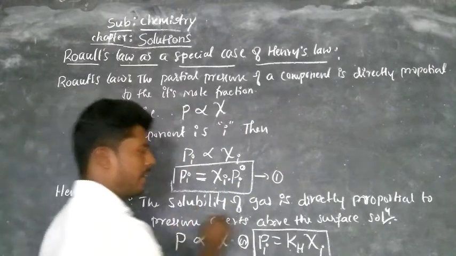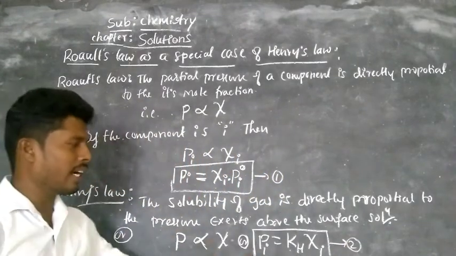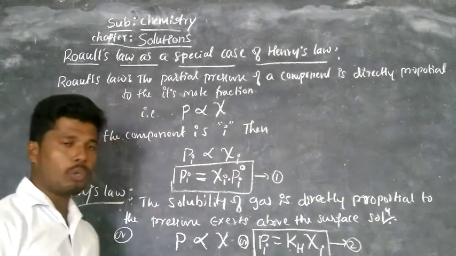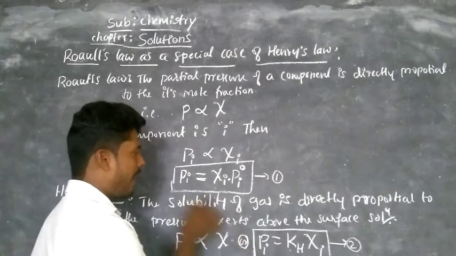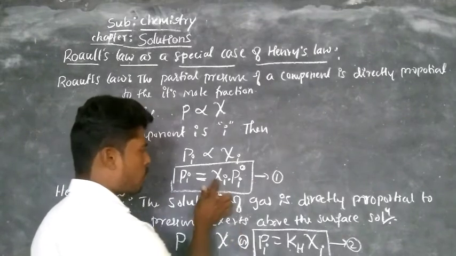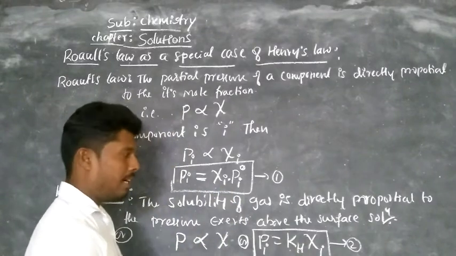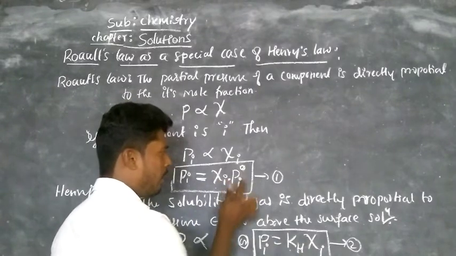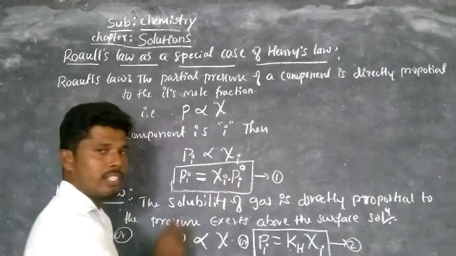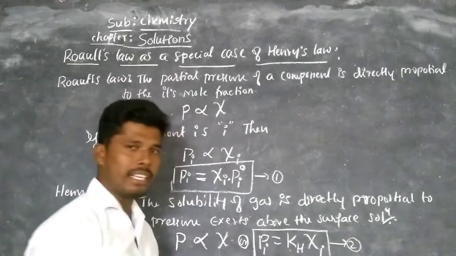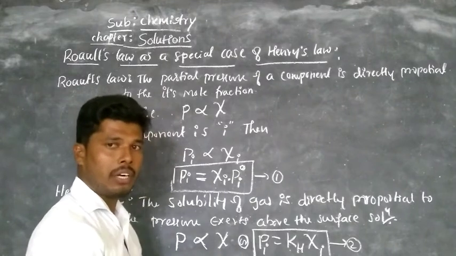Now compare these two: this is equation 1 and this is equation 2. By comparing these two, the partial pressure of component i is directly proportional to the mole fraction. P naught i is the vapor pressure of component i in its pure state, and Kh is Henry's constant. Both are constants.